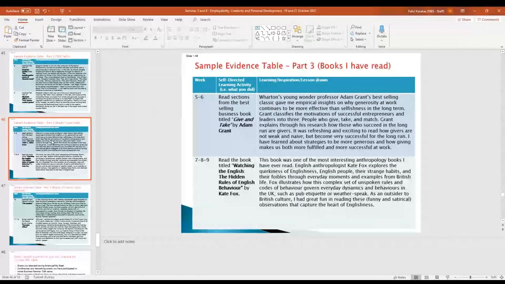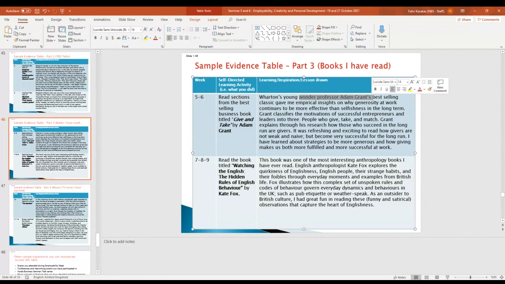The third part, I chose some books that I have read. So I read Give and Take by Adam Grant. Adam Grant is a wonderful professor. He is one of the best renowned professors in management in our field. And he wrote this wonderful book about givers, takers, and matchers, and did research about them. I love this book.